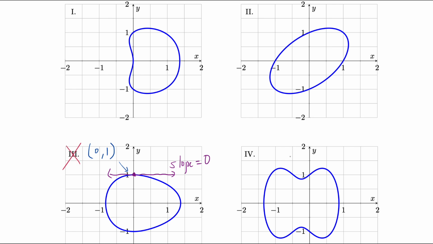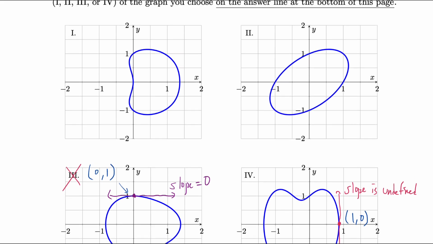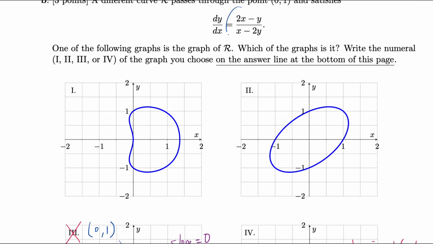Another place you can look at is where the slope is infinite. For example, here we see that we have a vertical tangent line. So here the slope is infinite. Another way of thinking about it is that the slope is undefined, because it's vertical. So you know at (1, 0), if 4 is the answer, then we better have an undefined slope. Well, how can dy/dx be undefined?